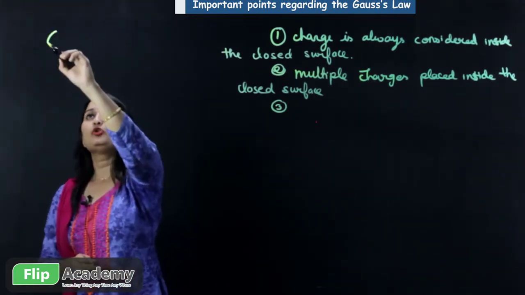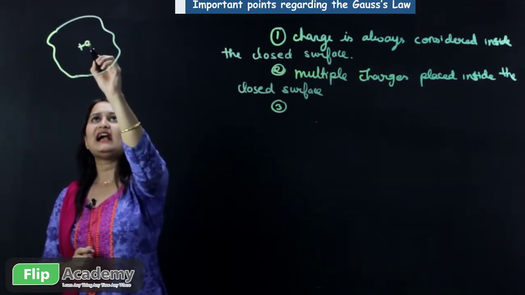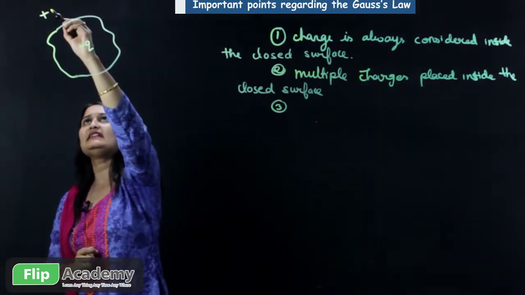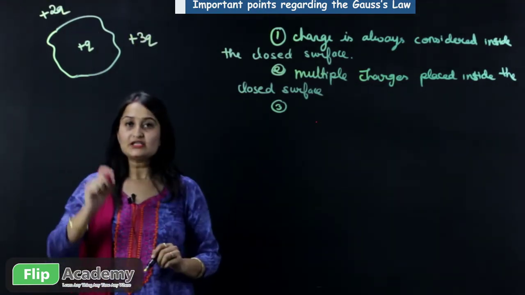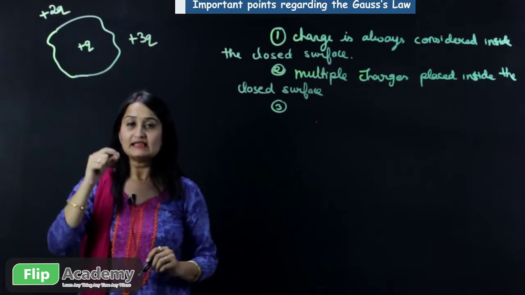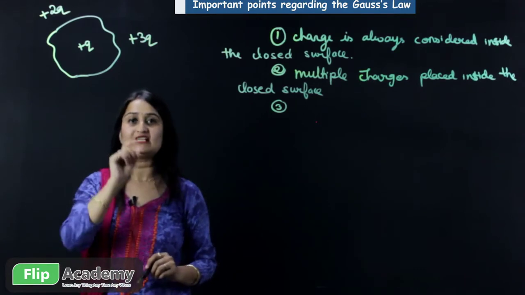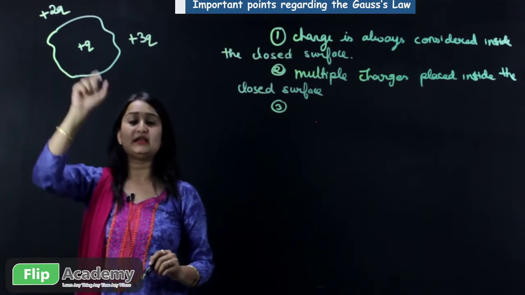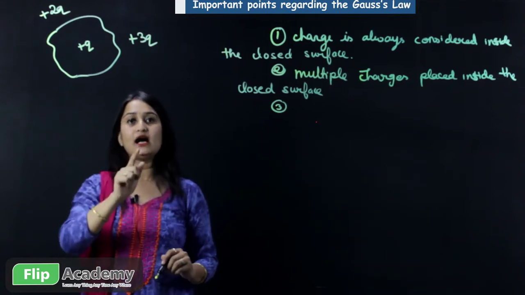Again, this is a closed surface, some charges are inside the body while some charges are outside the body. By plus 2Q and plus 3Q the electric flux is created, but the net flux is only considered by the plus Q charge, that is the charge which is placed inside the body.